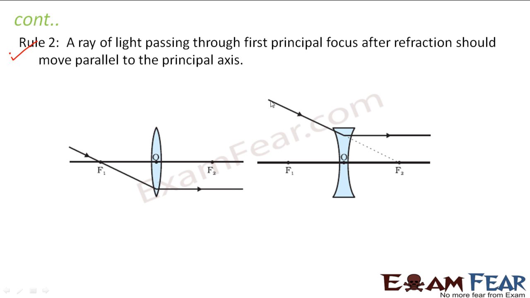Similarly here, the ray of light falls on this lens, it passes through this principal focus F2. If you see here, in convex and concave lens, your first and second principal focus gets reversed. In this case, if it passes through the first principal focus, in this case it will appear to pass through the second principal focus, right? So after refraction it goes parallel to the principal axis, right?